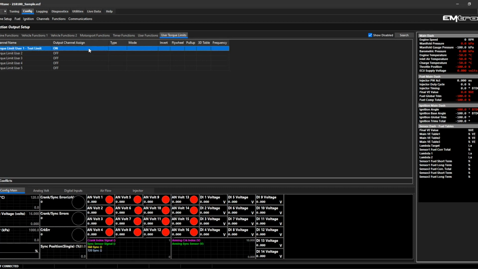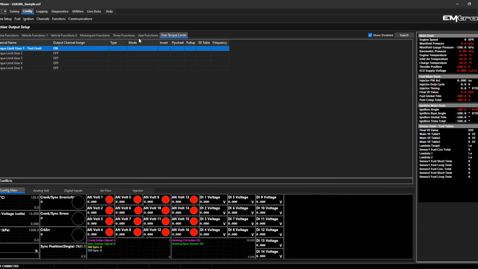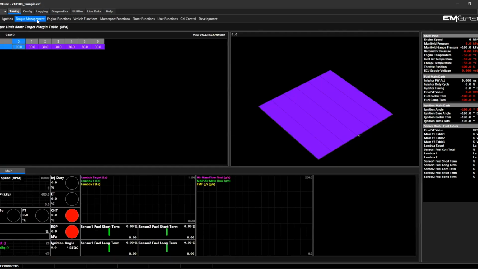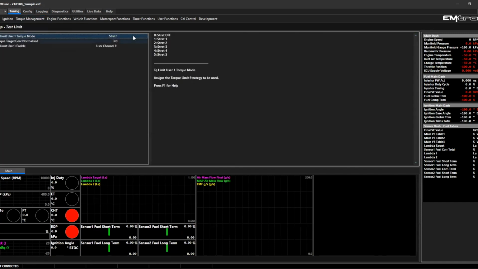In this case, I've just turned on user torque limit user 1 and labeled it as test limit. Now that's on, we can see this torque limit. These other ones are grayed out, and it's called a test limit.